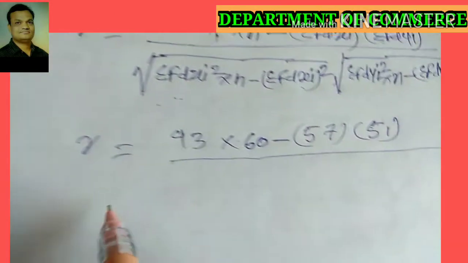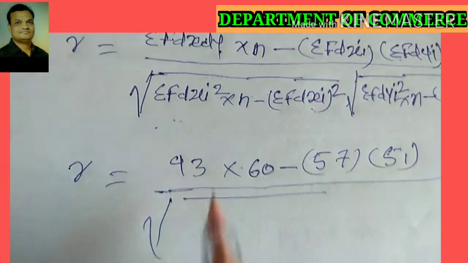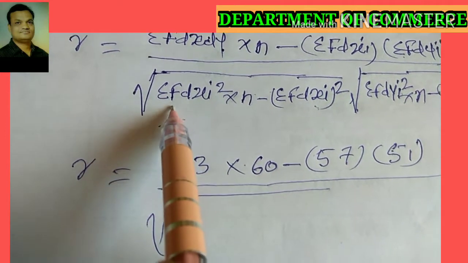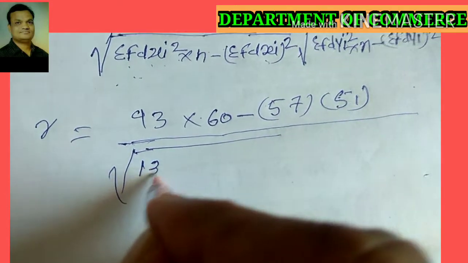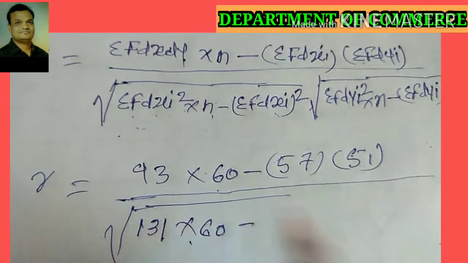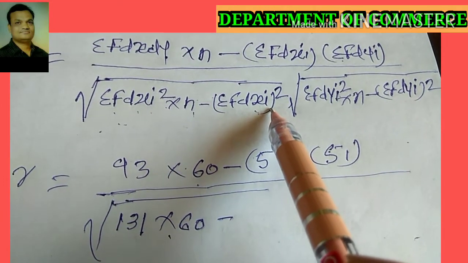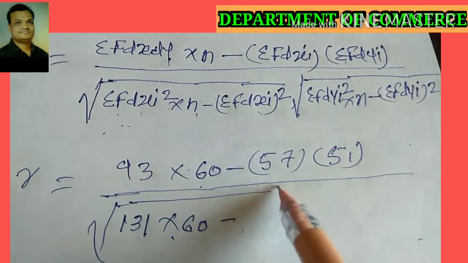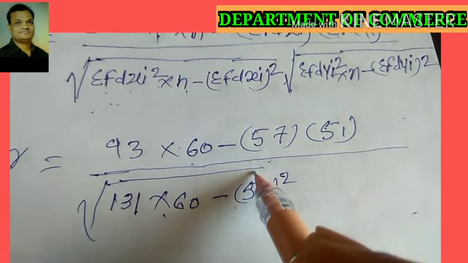all up under, in the first square root we have to fill the value of sigma f dx I square. So look here, sigma f dx I square is 131. So write here 131 into n, means 60, minus sigma f dx I bracket square. So we write here sigma f dx I 57, its square.